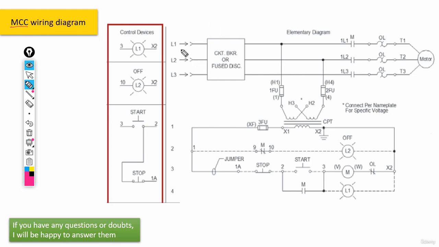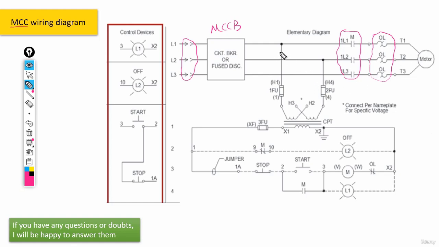Now, first off, we have the phase lines here. And through the connections that we would have, they would be connected to the breaker that we have. And the breaker could, for example, be an MCCB breaker. Then after that, the breaker would be connected to the contactor, then from the contactor to the overload relay, and at the end to the three-phase motor.